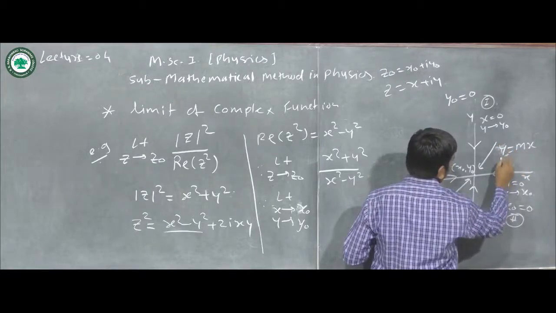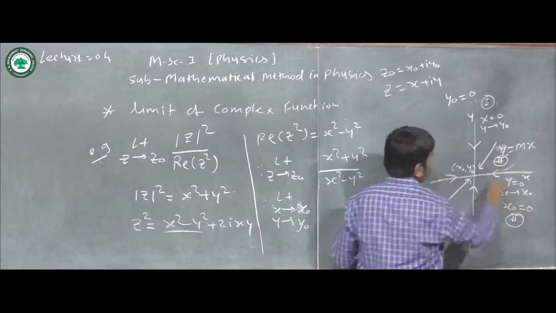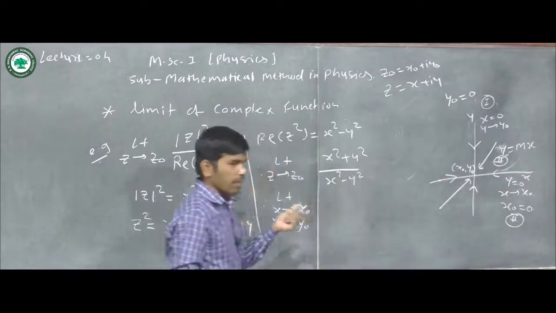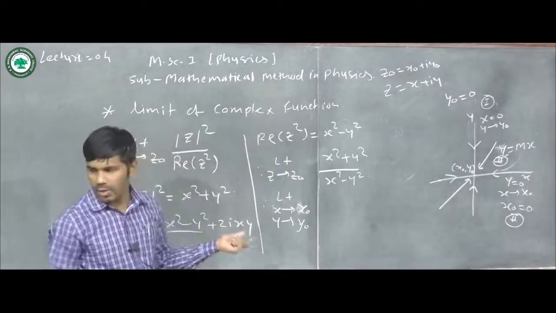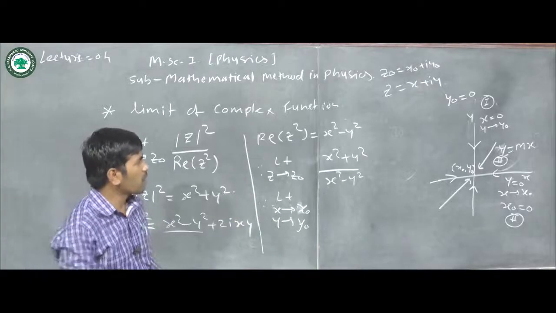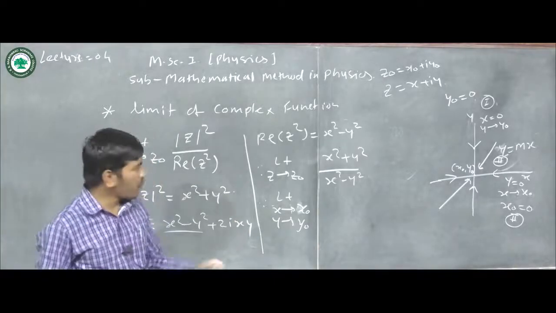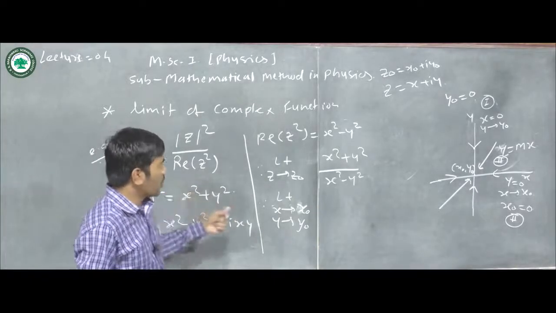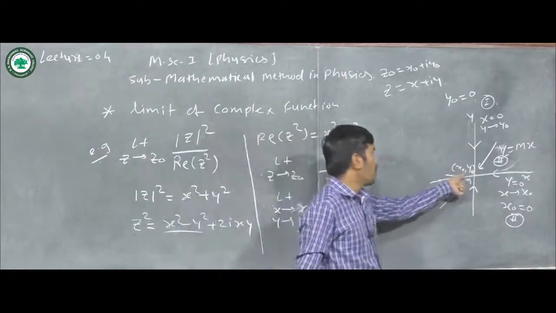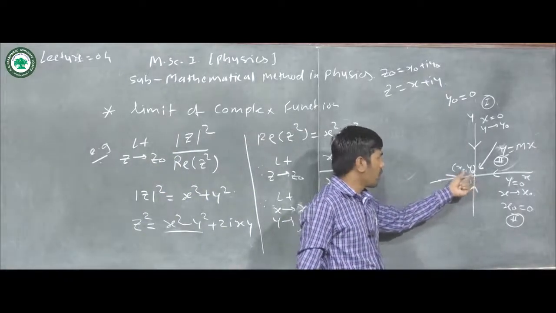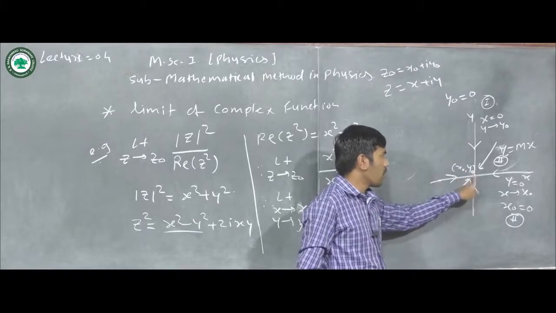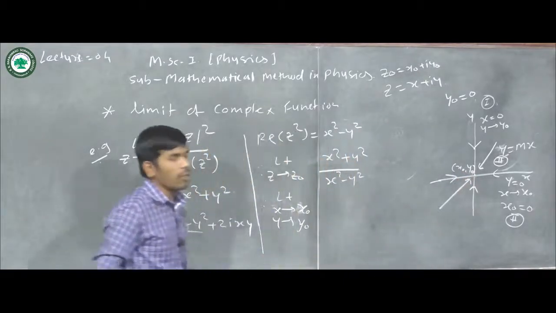Okay, this is a third case, and y and x maintain this relation through m, that is the slope. So these are the three cases to approach 0, that is x naught and y naught. We consider the origin of this xy plane.